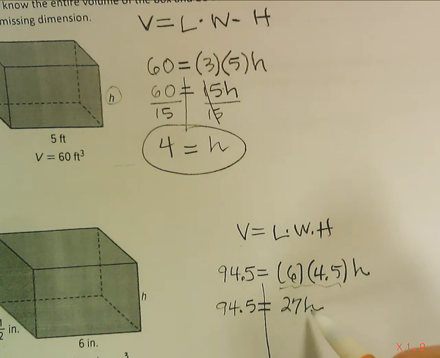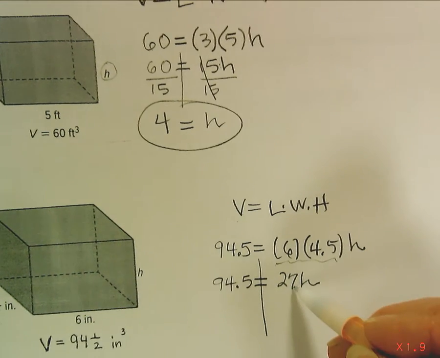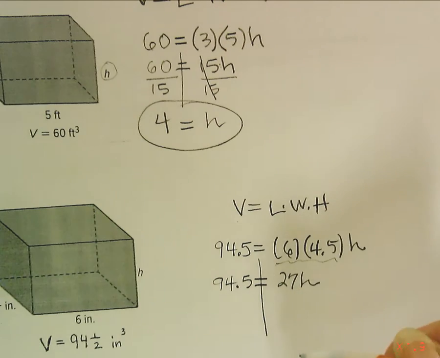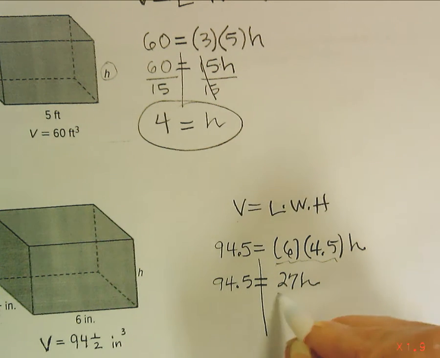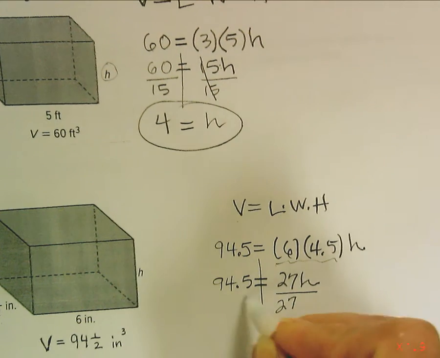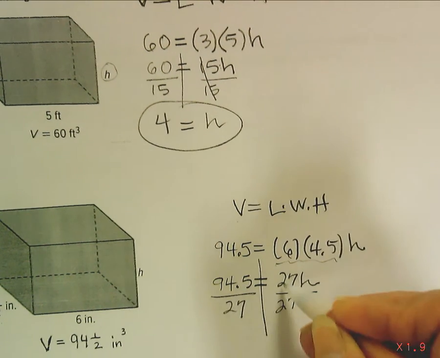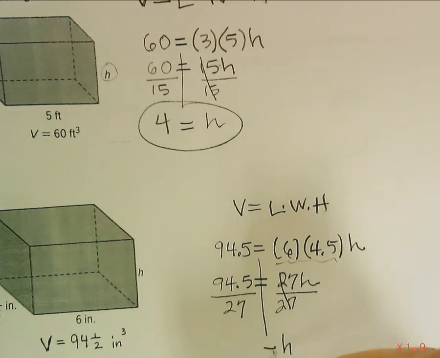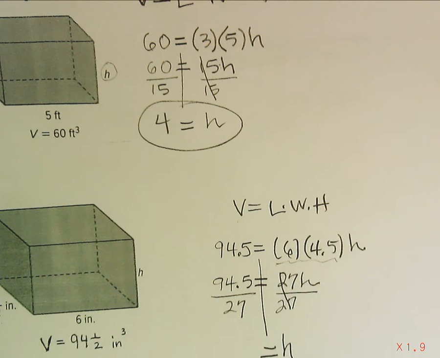And the 27 and the H right there next to each other mean they are being multiplied. So how do I solve this? How do I get that H all by itself? Divide both sides by 27, exactly. And so how tall is this box? 3.5 inches. That's exactly right.